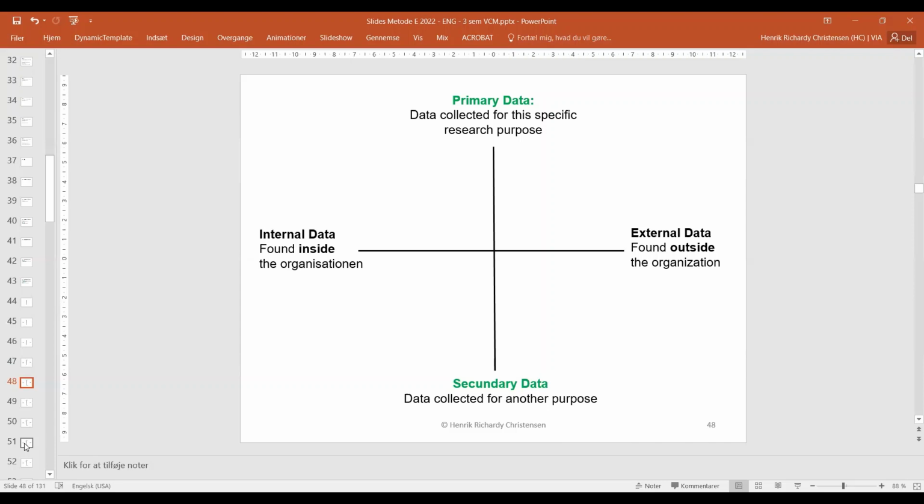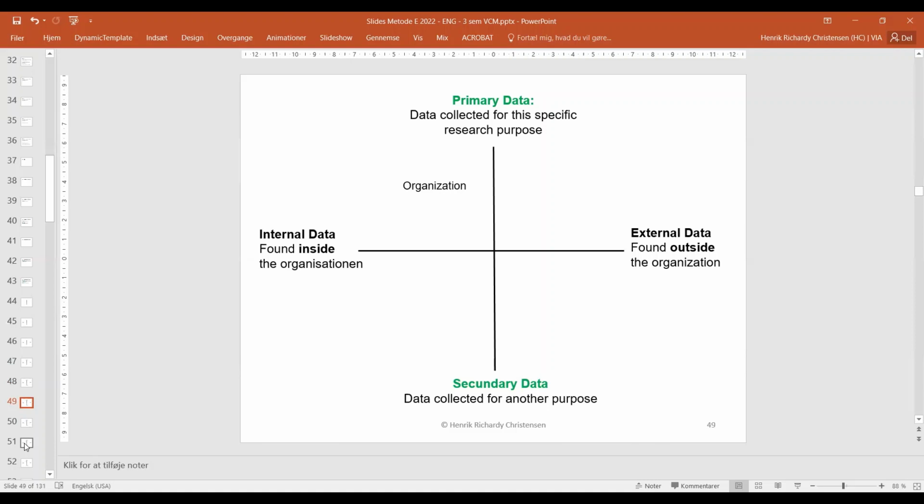So that's one thing. And another thing is this idea about primary and secondary, because whenever we talk about primary data, that's collected for a specific purpose. Okay, examples. Inside the organization and primary data.